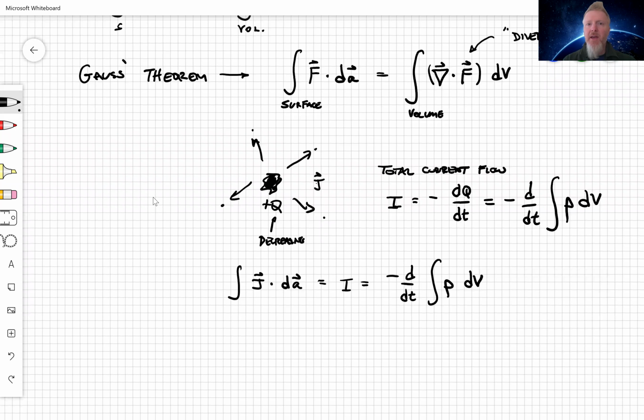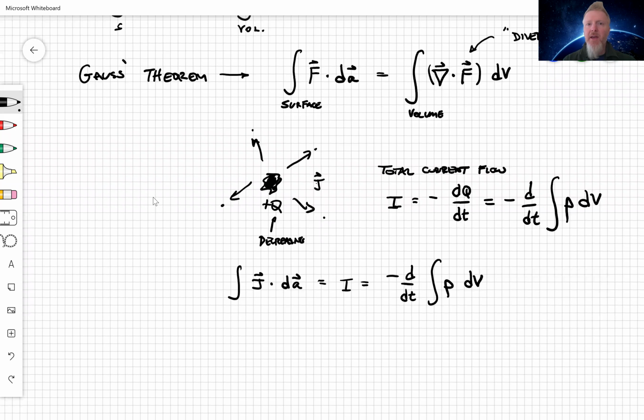So this is also equal to a volume integral of the divergence of J dV equal to negative d/dt of the integral of rho dV. But I have two volume integrals here, so just forget about the volume integrals.